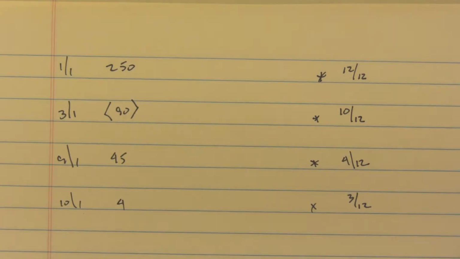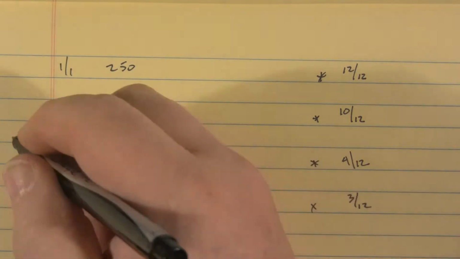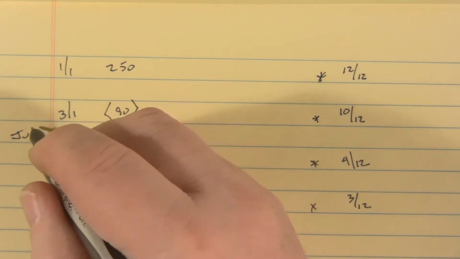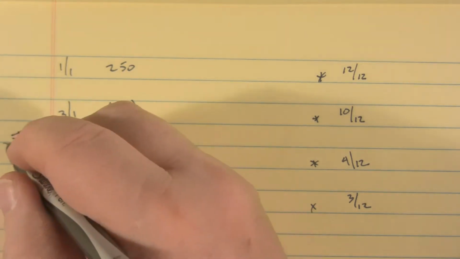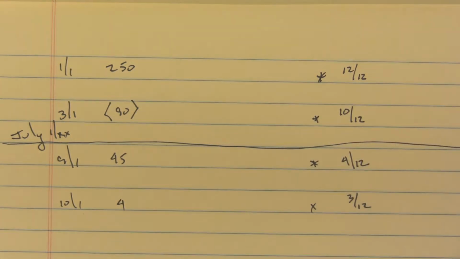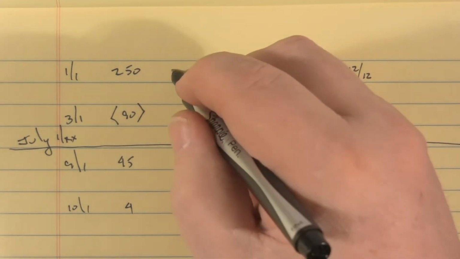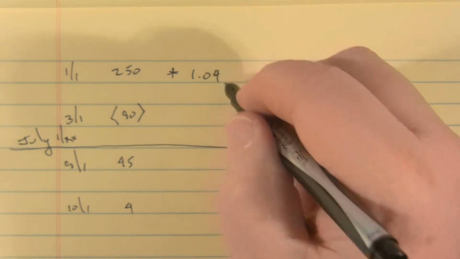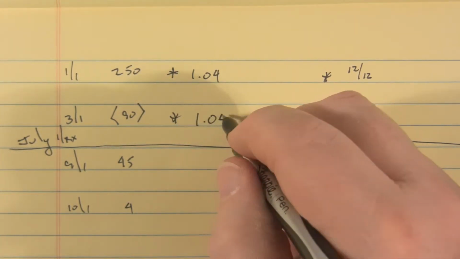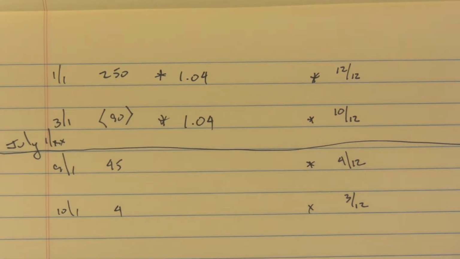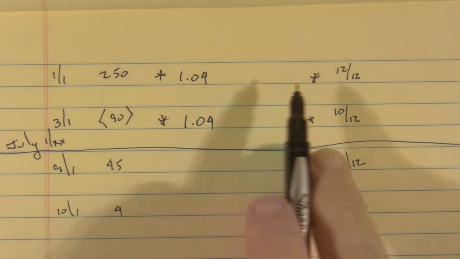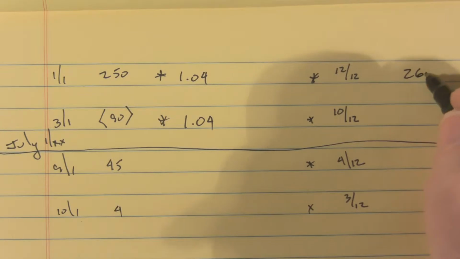Now, they also tell us that on July 1st, we had a 4% stock dividend. So that goes back, it happened here, July 1st. So all the shares out before then are affected. So that's these guys. And these guys. So multiply out, do the math. 250 times 104 times 12/12ths is 260.